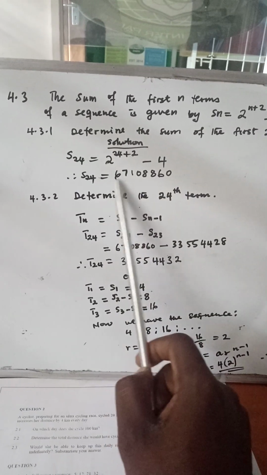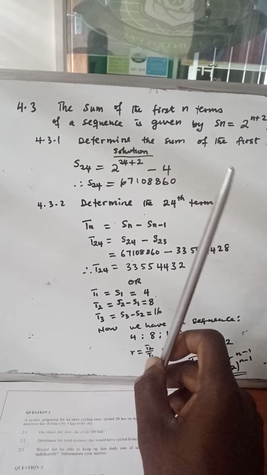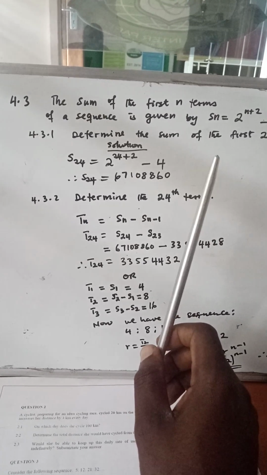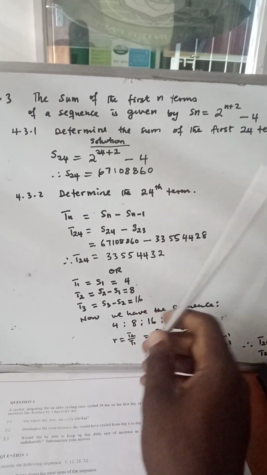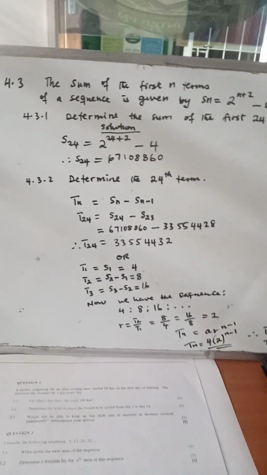So that is S24. That's it. So that's 4.3.1. There's nothing much to do. You just substitute the 24 in place of n. Finish. And you put your calculator.